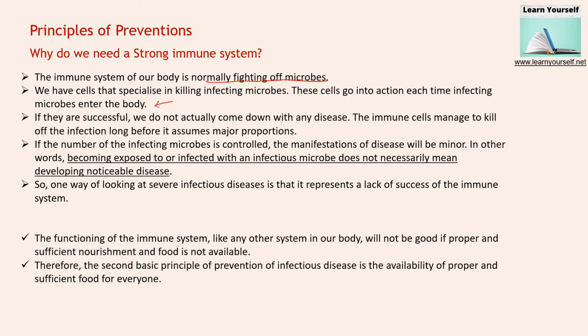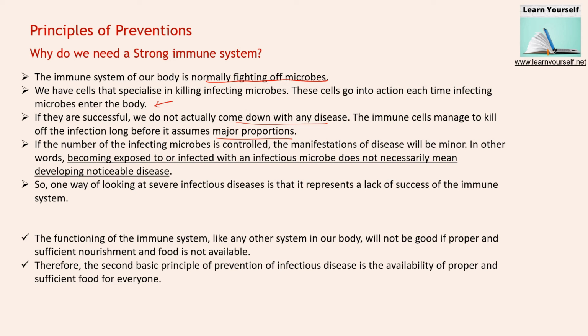So that is the benefit of a strong immune system. If they are successful, we do not actually come down with any disease. So if our immune system is strong and successful in killing those infectious bacteria, then we will not get any kind of disease. The immune cells manage to kill off the infection long before it assumes major proportion.